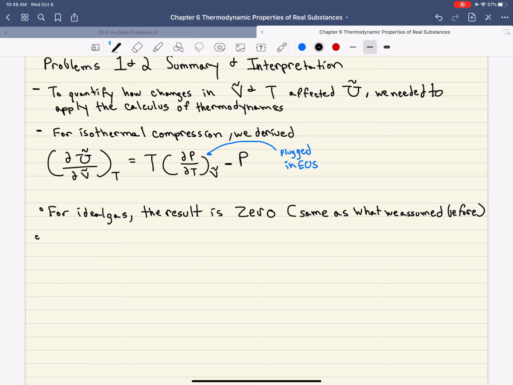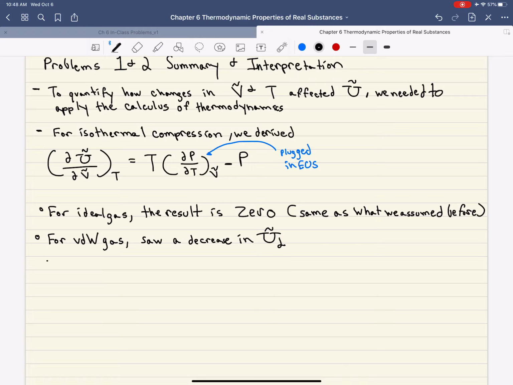All right, but if we applied a more complicated equation of state, the van der Waals gas, we saw that even if we kept the temperature constant, our internal energy actually decreased. Okay?